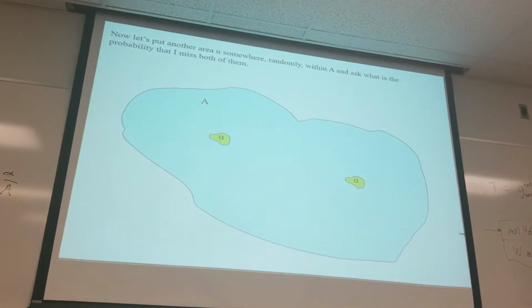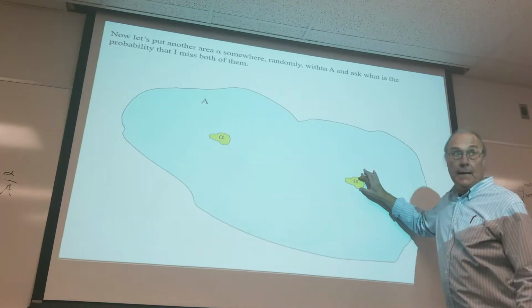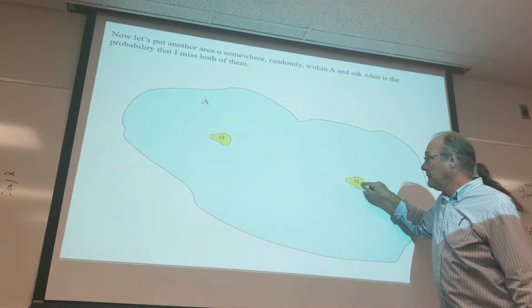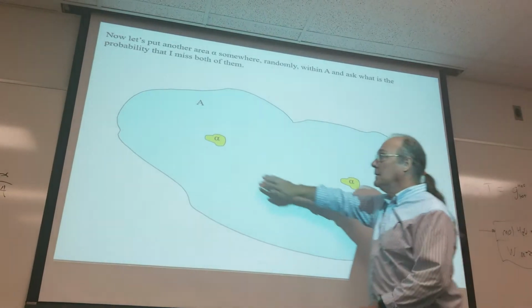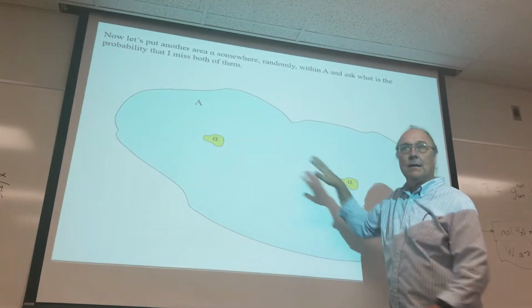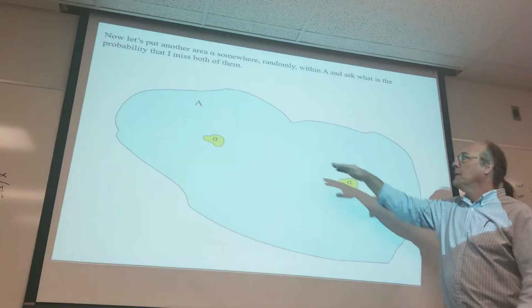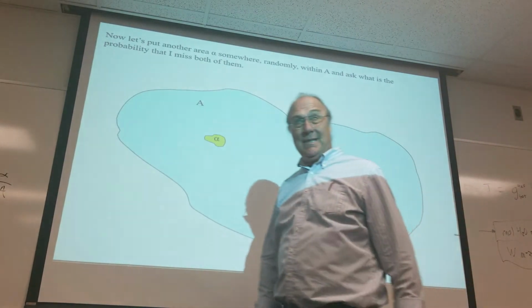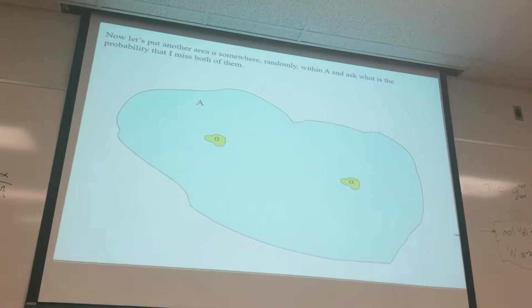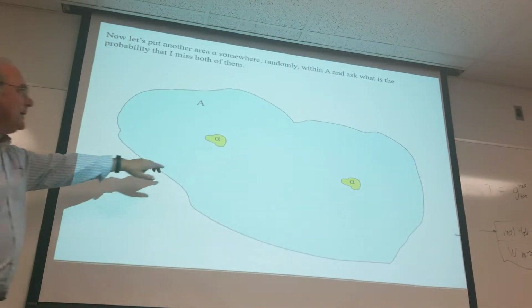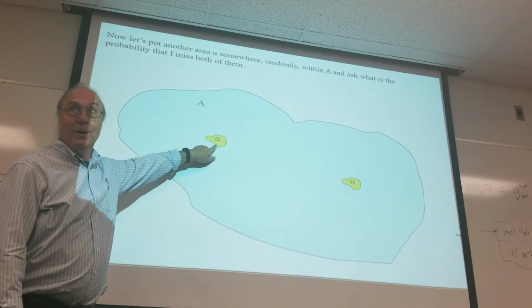Now let's put another area of the same size, alpha, somewhere at random on here. It's at random, so it could overlap this, but most probably it's not going to overlap. Now what's the probability that I miss both of them? Well, what's the probability I miss one?